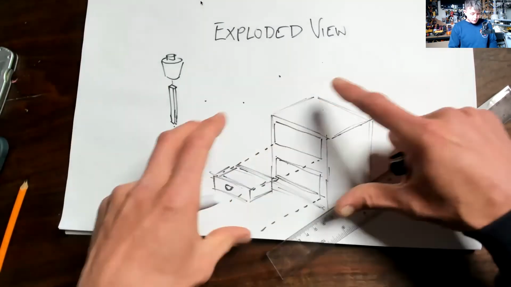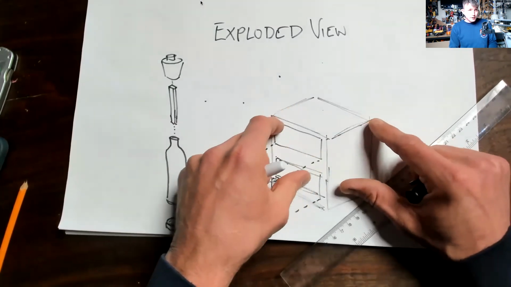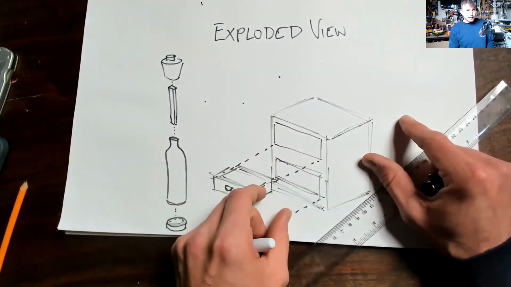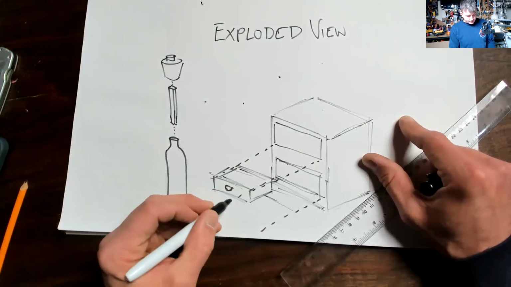You can see in this exploded view, it explodes just like it would go in. This is the way it would come out on that angle. And I could draw the second drawer right under it or something.